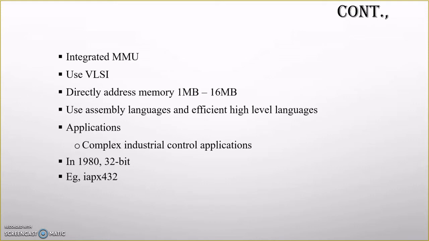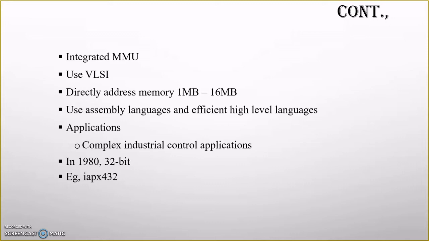It uses very large scale integration technology. It can directly access 1 MB to 16 MB memory locations, and it uses assembly languages and efficient high-level languages. The applications are complex industrial applications.